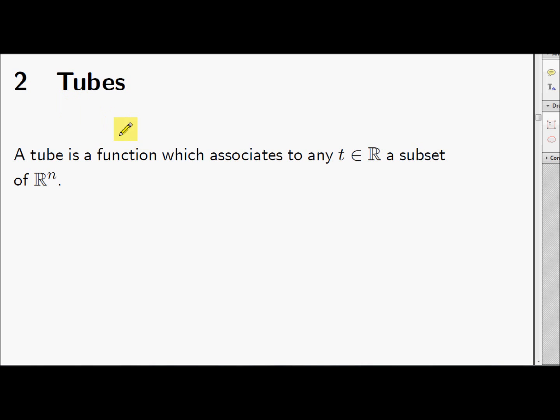So a tube, what is a tube? It is a function, it is a set which depends on time. So if you want, it associates to any time a subset of the state space R^n. It may correspond to a bubble that moves with time.